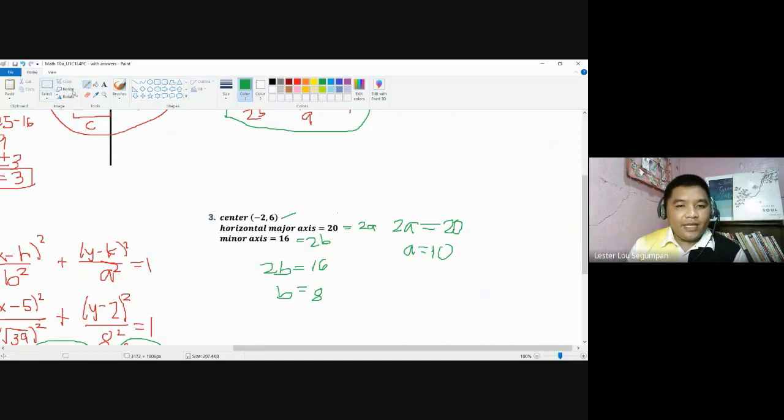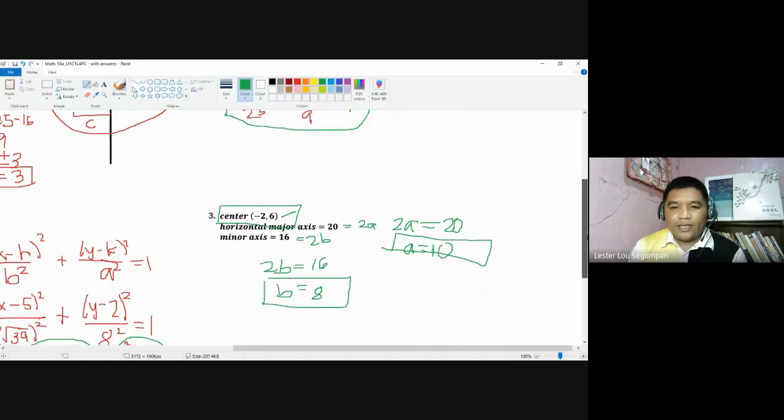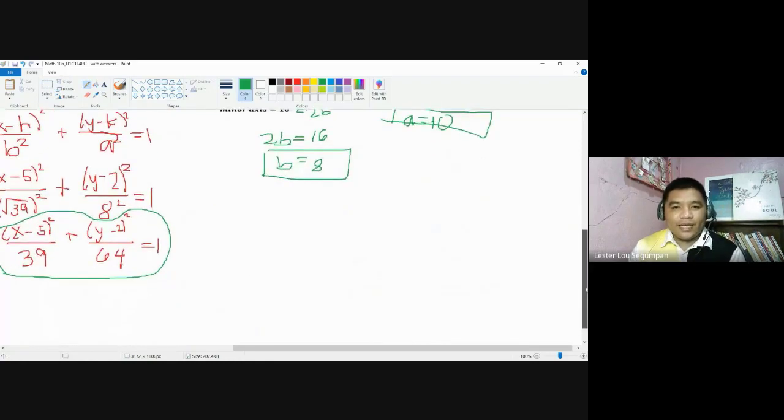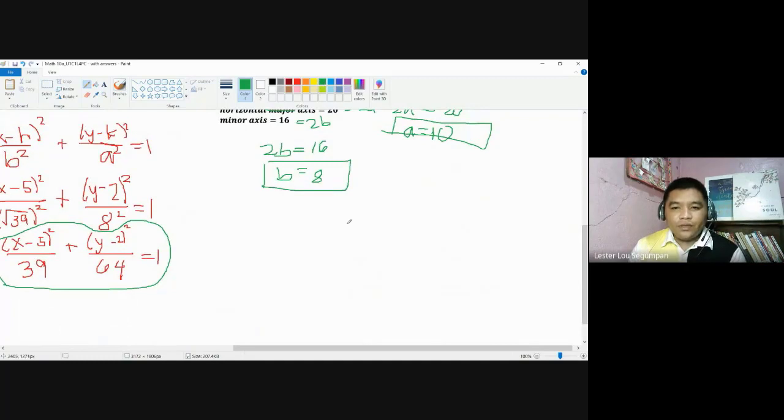In number 3, again, we already have the center, the value for a and the value for b, and we can now come up with the standard form. You have here (x minus h) squared plus (y minus k) squared is equal to 1. Where should I place a? Where should I place b?